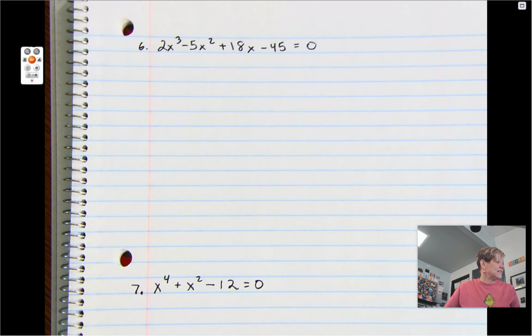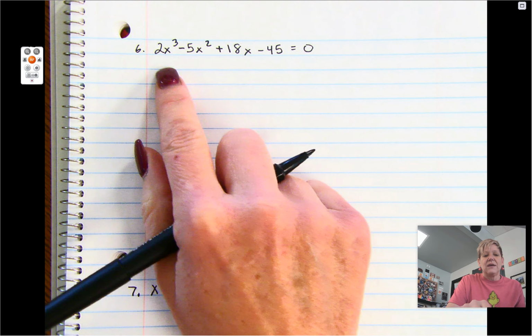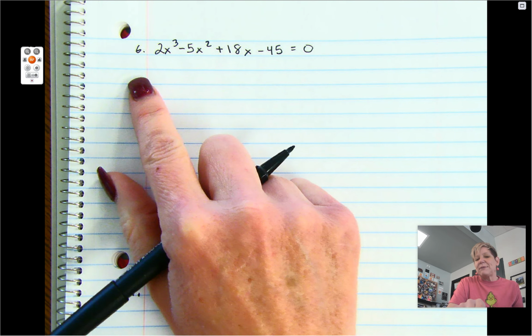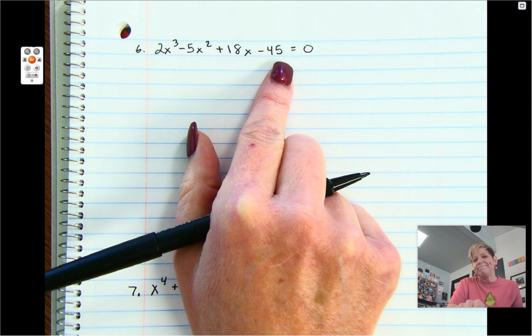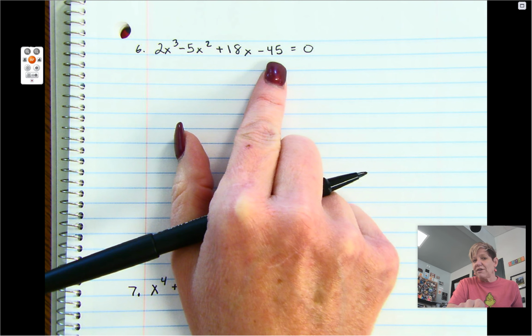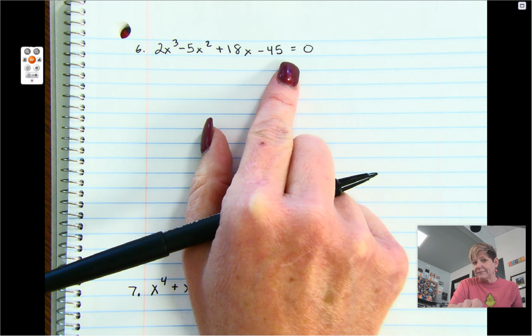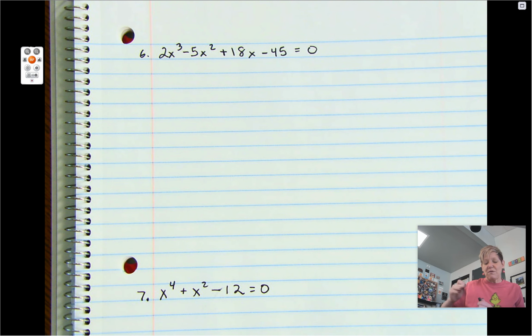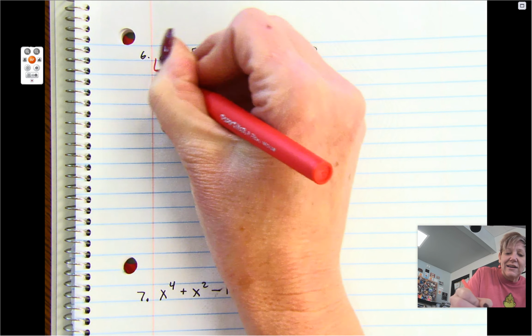Here's example 6. GCF, special, STAR, grouping. It's kind of the list you go through every time. So hopefully you decided that this is a factor by grouping.